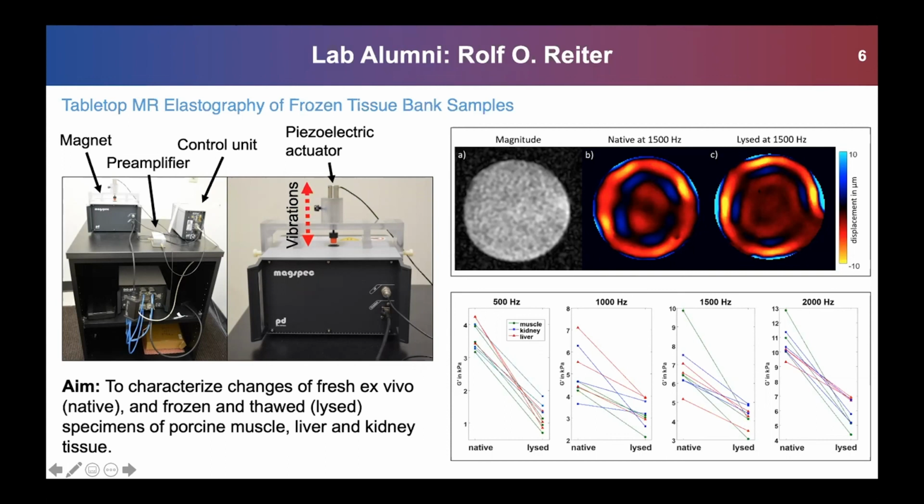The lysed specimen shows a shorter shear wavelength, which indicates a decrease in the stiffness. On the bottom image, there's the real part of the stiffness for both native and lysed tissues at 4 different frequencies. After freezing and complete thawing, a decrease in stiffness was evident for all tissues and frequencies.